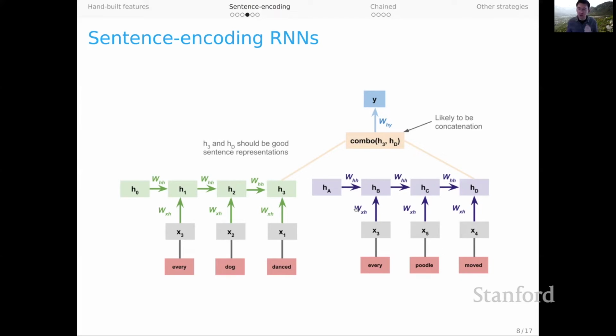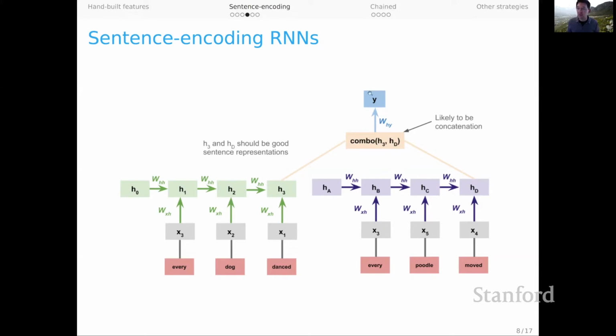And the idea is that each one of those is processed by its own separate recurrent neural network. And I've indicated in green that although these two models would have the same structure, these are different parameters for the premise and hypothesis. So they function separately. And then in the simplest approach, we would take the final hidden representation from each of those and combine them somehow, probably via concatenation.